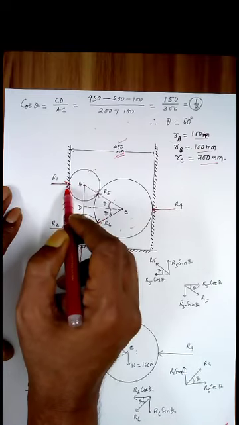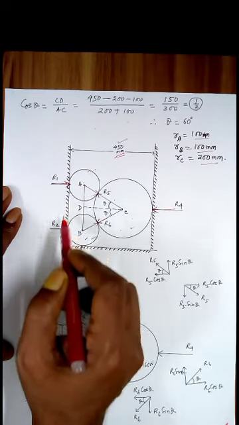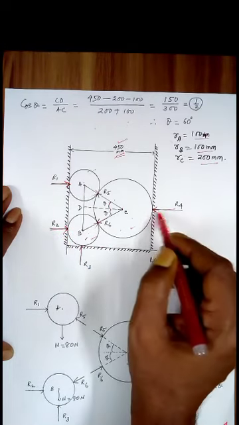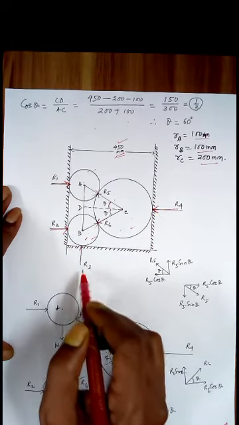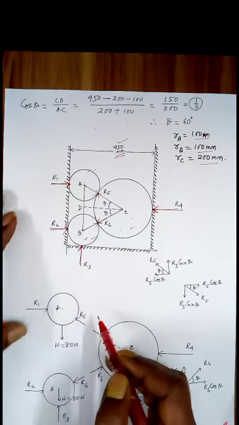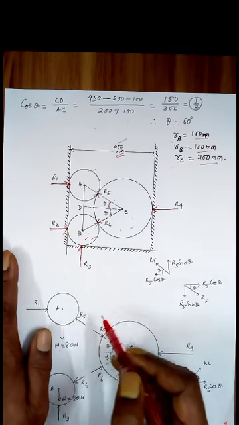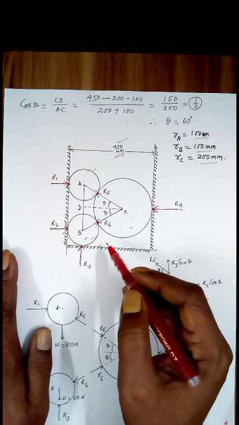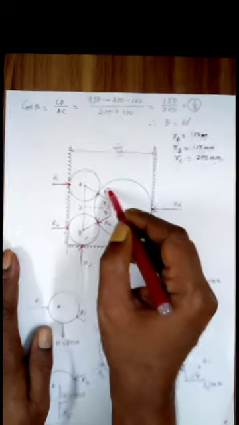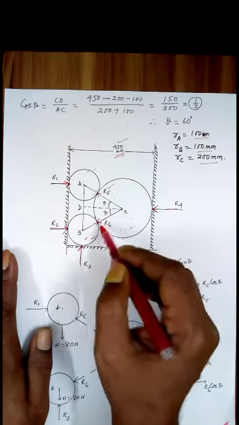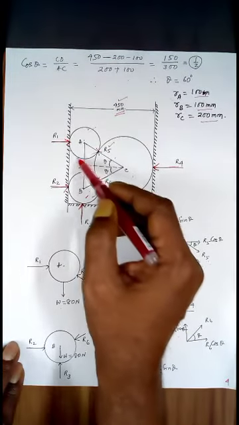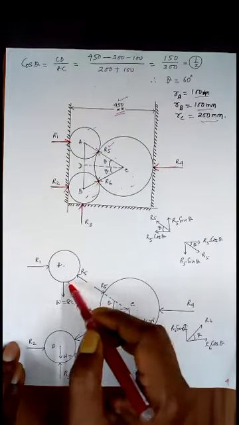This is already horizontal, so no need to split it. This is already horizontal, no need to split it. This is already horizontal, no need to split it. This is already vertical, no need to split it. So we have to split only two forces, the two reaction forces which are neither horizontal nor vertical, that is R5 and R6.